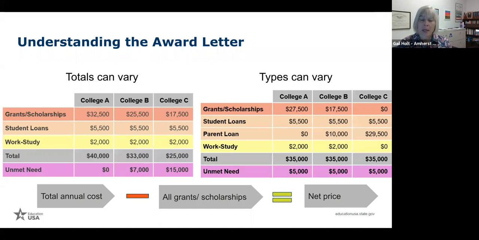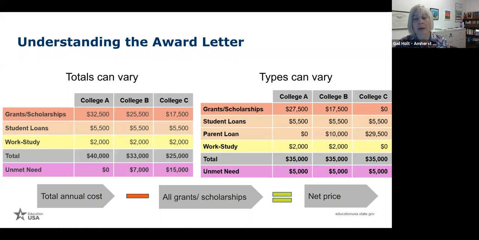So the family contribution is something that families are always going to have to pay. But if there's unmet need, then it will be the family contribution plus that unmet need. Sometimes the total on an award letter from school to school may look the same, but it's the type of financial aid that can vary.